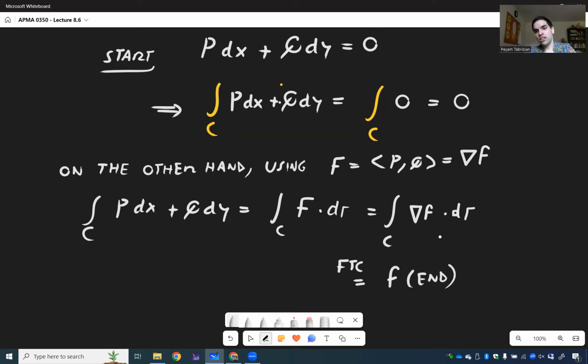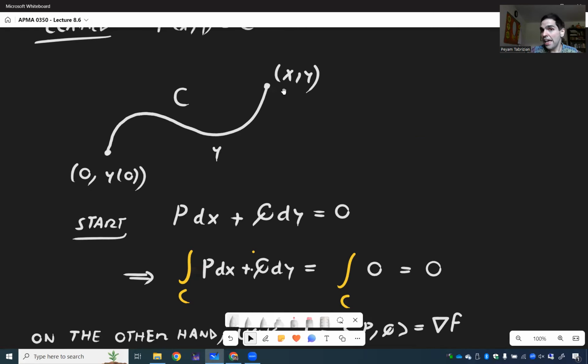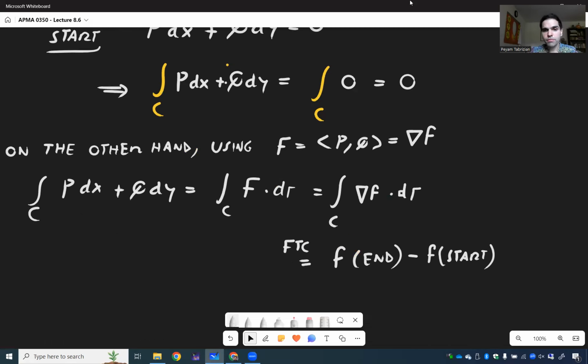So f of the end of the curve minus f of the start of the curve. But what is the end? The end is just (x, y), any point that you want. The start is the initial condition. So this equals f of (x, y) minus f of (0, y of 0).